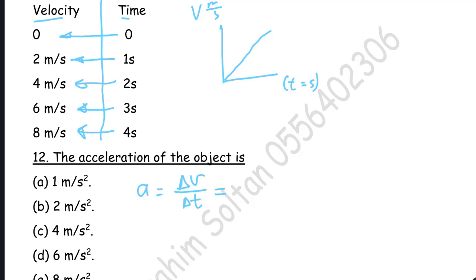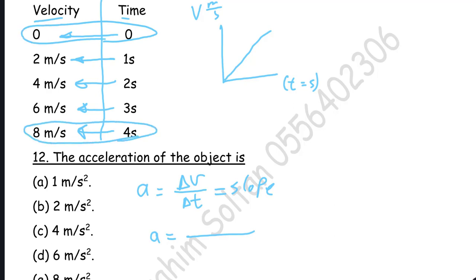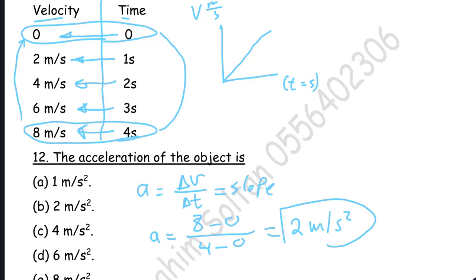So we can calculate the acceleration by calculating the slope. So a equals, let's choose any 2 points like this one and this one. You can choose different ones, don't worry. So 8 minus 0 over, rise over run, don't forget, 4 minus 0. So it equals 2 meters per second squared. When calculating the acceleration, don't forget the unit: 2 meters per second squared.